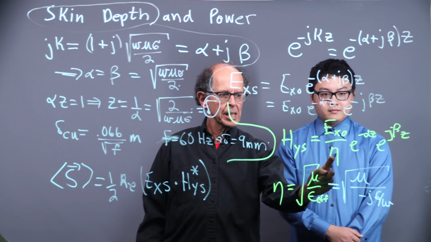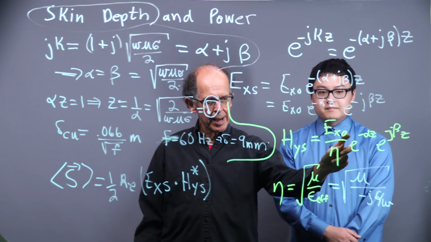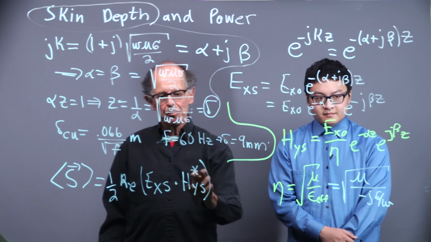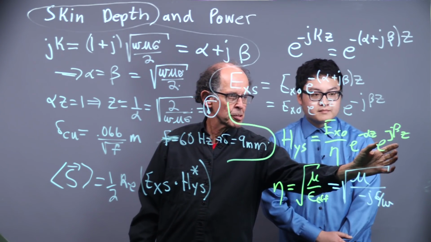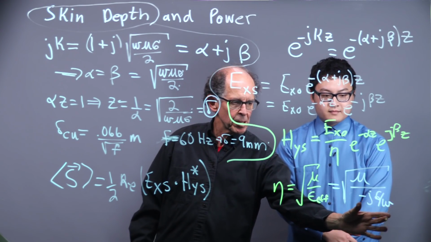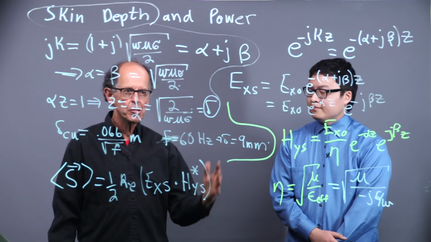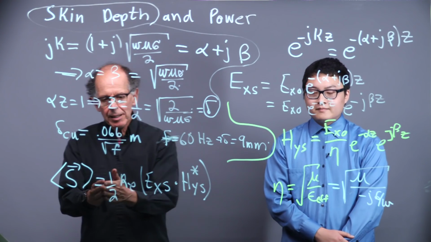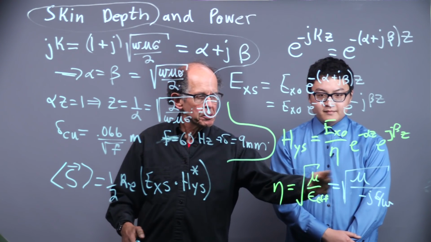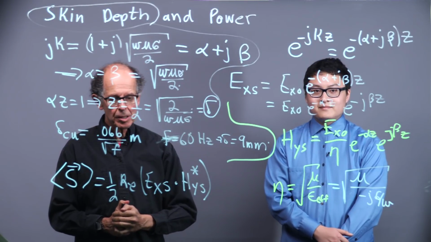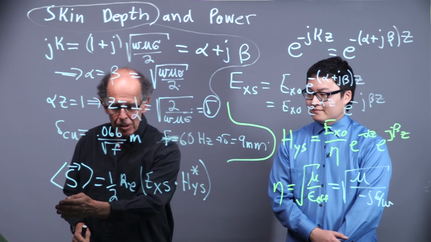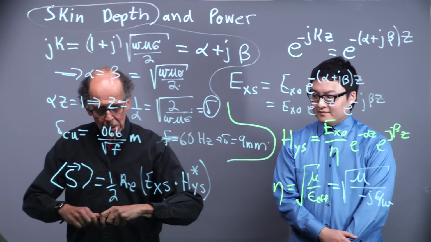Eta's downstairs in the denominator, and we have to star it before we take the real part. So we have the star effect here, but also the eta, which is something new. Then you can straightforwardly calculate this out and express it in terms of sigma and the skin depth. The job is yours now to work all this out.